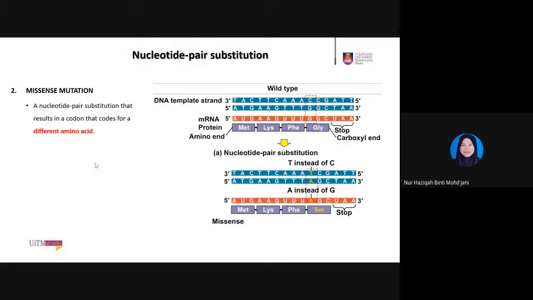Ataupun kedudukan amino acid bukan dalam kedudukan yang penting, macam contohnya dekat active site kan. So bila perubahan tu tak berlaku pada active site of enzyme, dia dekat tengah-tengah molekul enzyme tu, so dia tak menyebabkan perubahan yang ketara pada function protein tu. So ada yang memberi kesan yang teruk, ada yang tak memberi kesan yang obvious. It depends on the function and the structure of the proteins, okay.